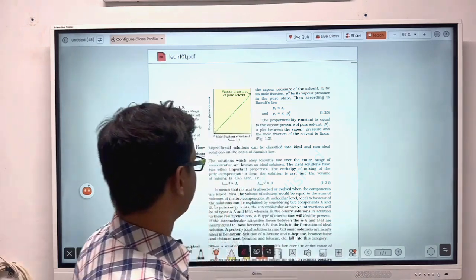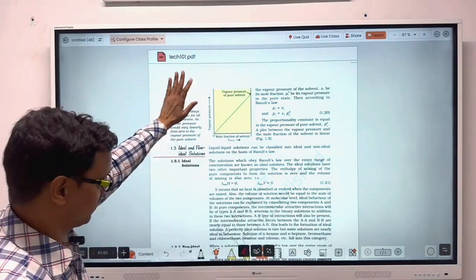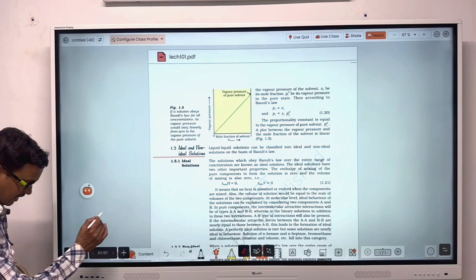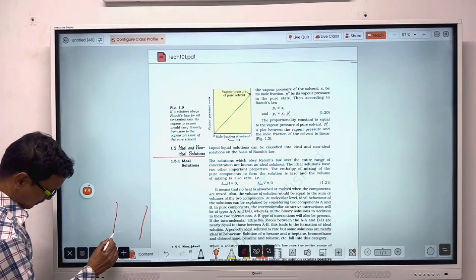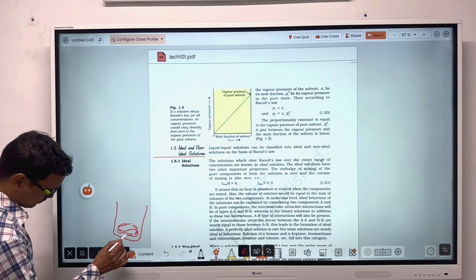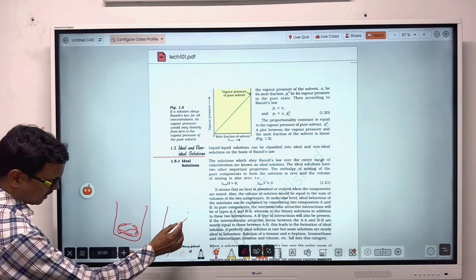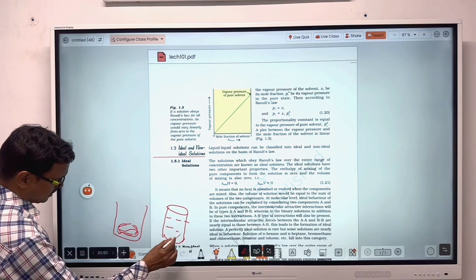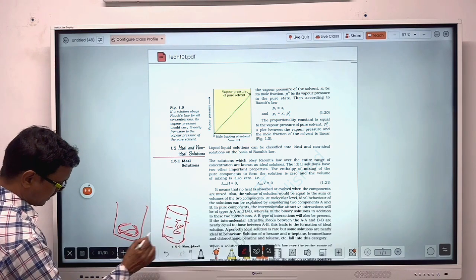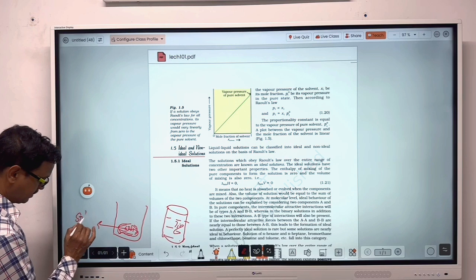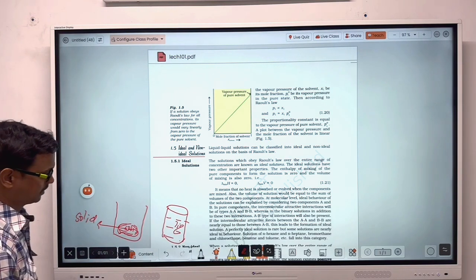Okay, now let's see about this graph. What is this graph stating? Suppose here is salt. In this container I have taken salt, and to this salt we will add water. This one is solid and this one is liquid.